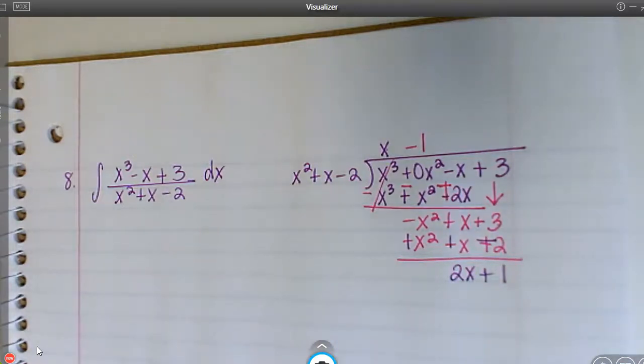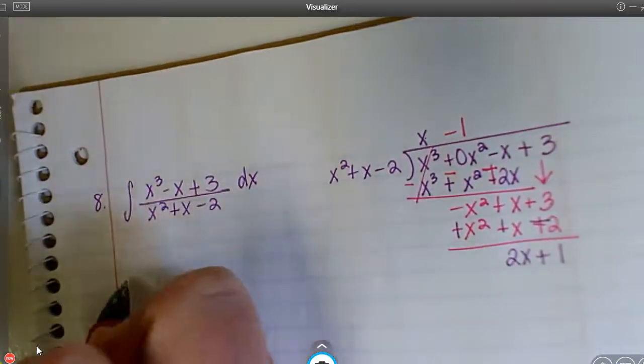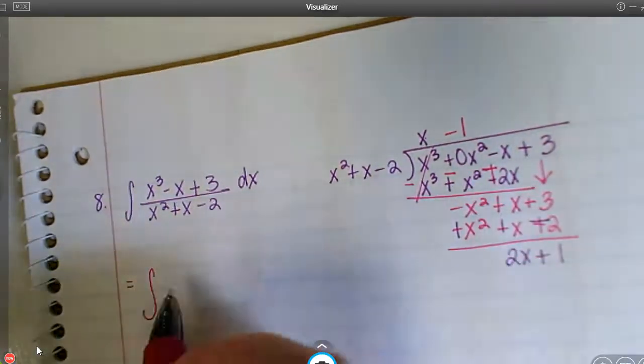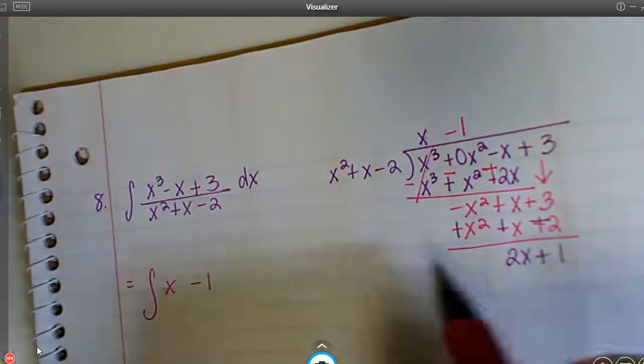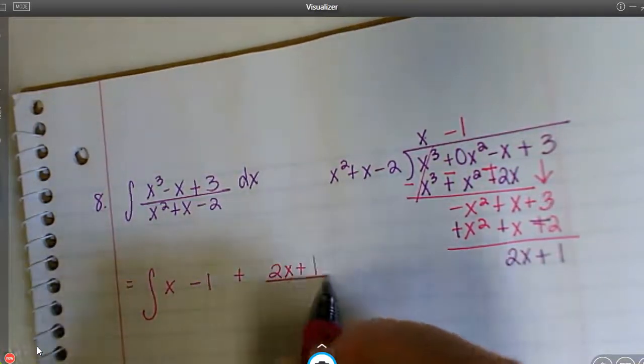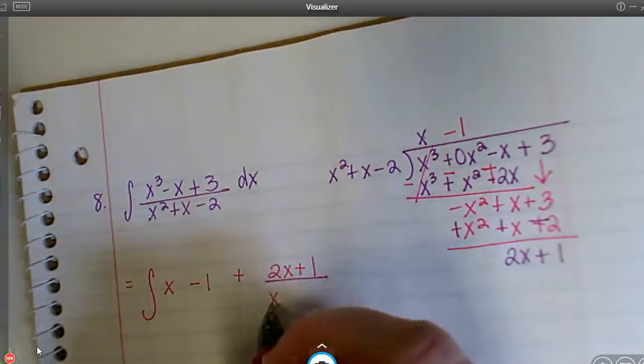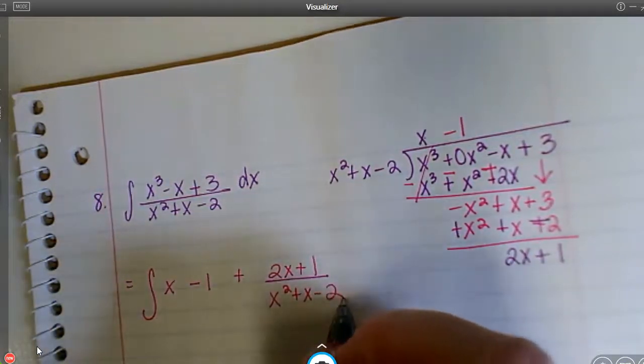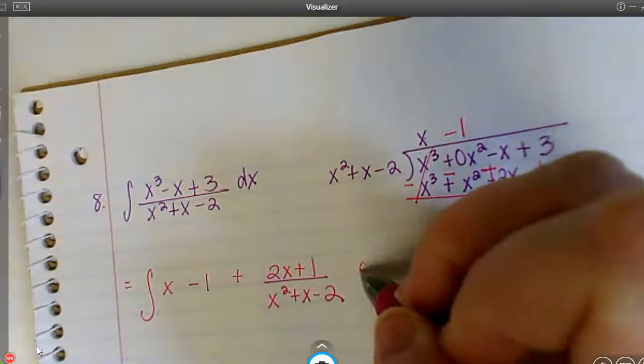And what that does is that tells me that this integral is the same as x minus 1 plus our remainder, which is 2x plus 1, over whatever we were dividing by. And we get that.